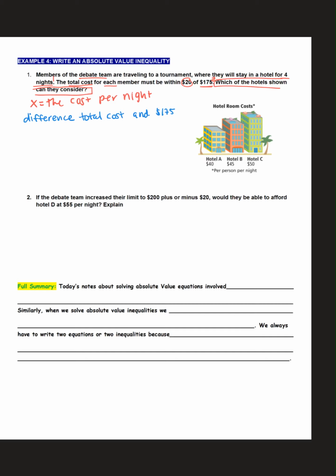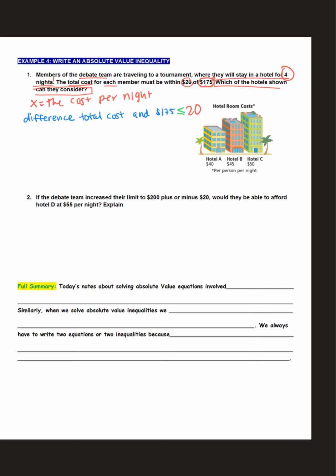So we're going to have less than or equal to, because it can be $20 more or $20 less or somewhere in between, not more than 20 though. And then 20 goes on our other side. That's our setup. So how many nights are they going to stay? Looks like 4. So I've got 4 nights, $20 and $175.